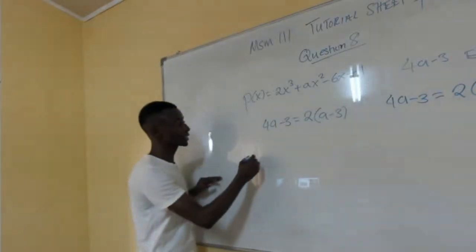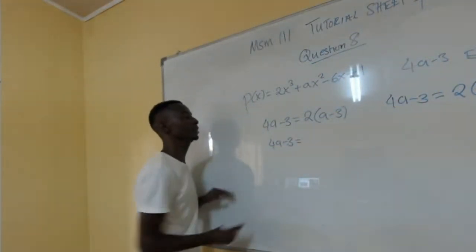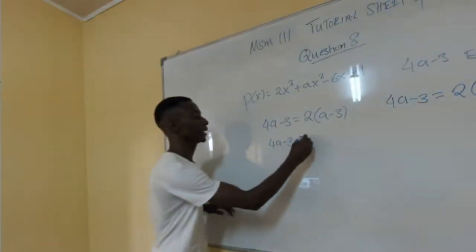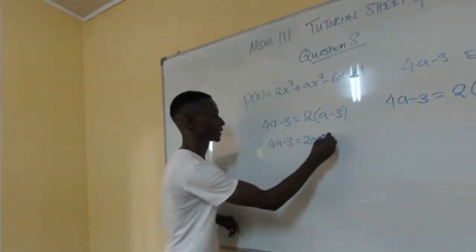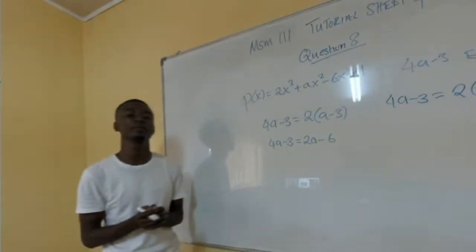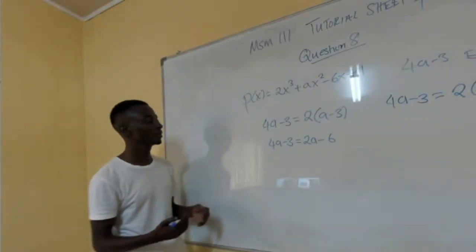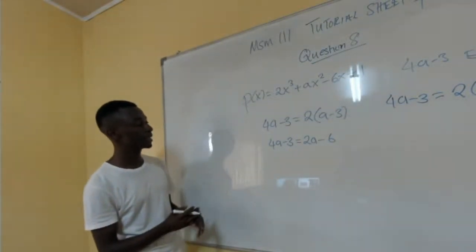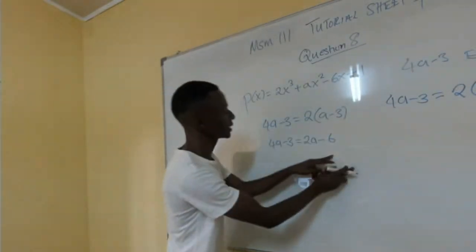So now let's proceed. We have 4a minus 3 equal to, let's multiply now. 2 times a is 2a. 2 times negative 3 is negative 6. So now since we have that, we can now collect the like terms. So collecting the like terms, it means now this 3 is going the other side.